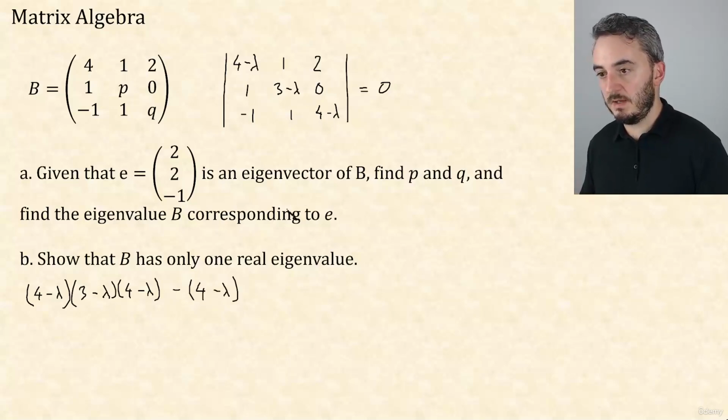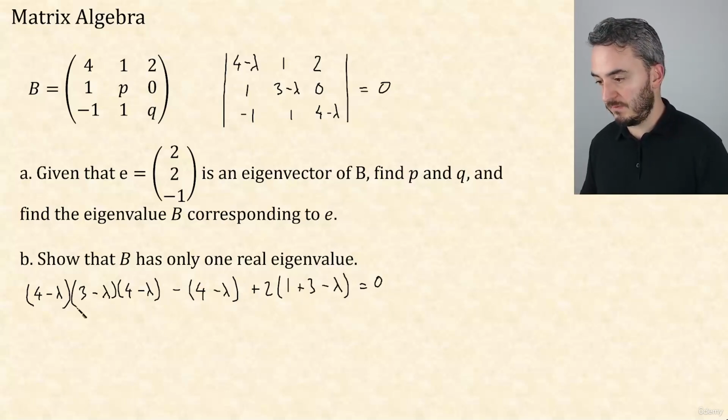So that's nice and easy. And then finally, it's plus 2 times 1 minus this. So that's 1 and then plus 3 minus lambda. Well, this is going to be easy to solve because we've got 4 minus lambda as factors throughout.